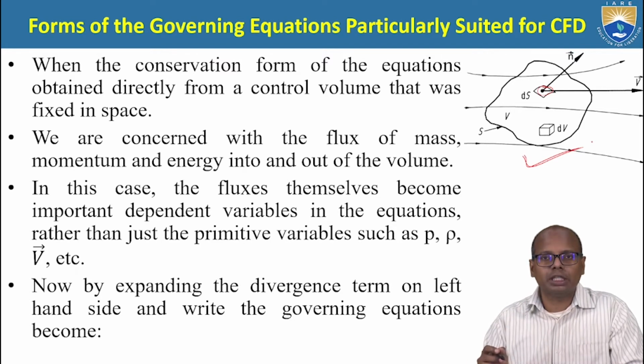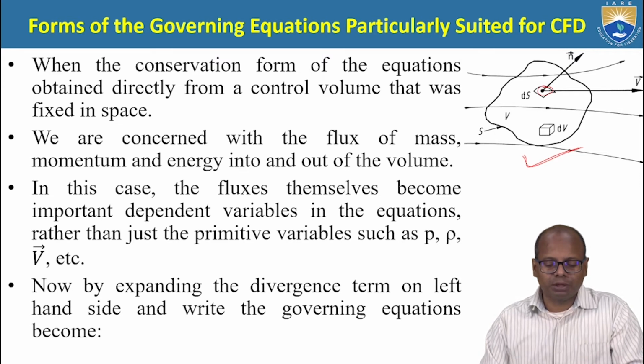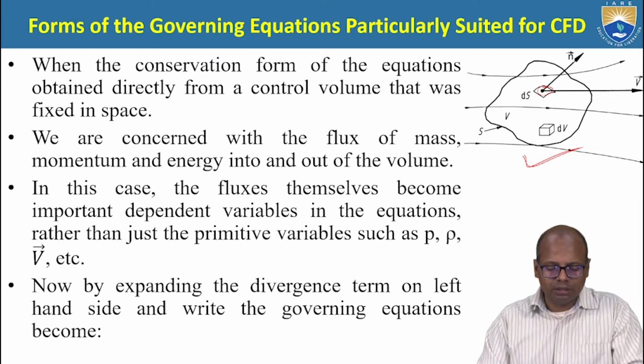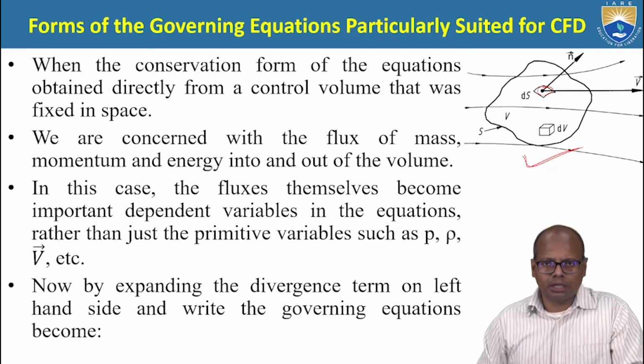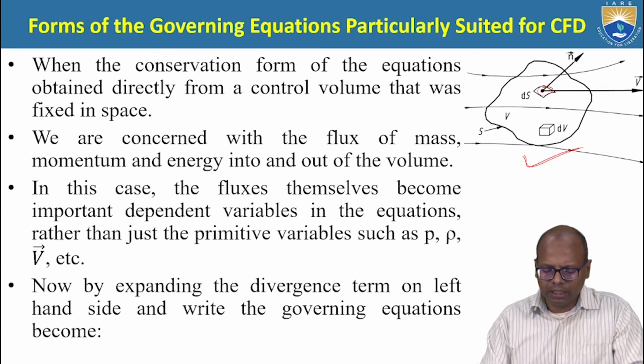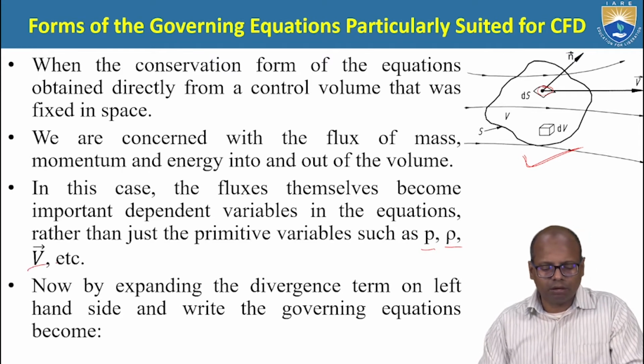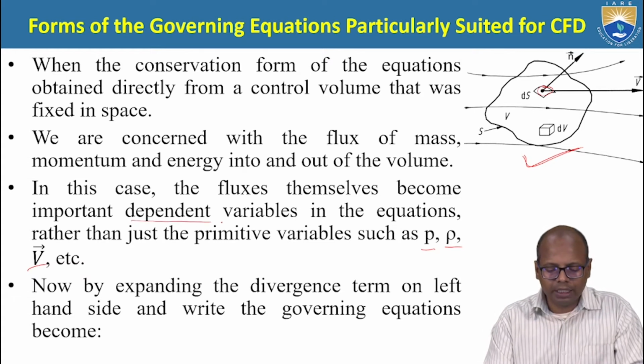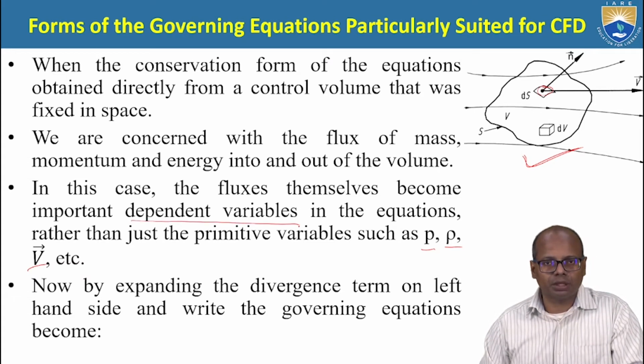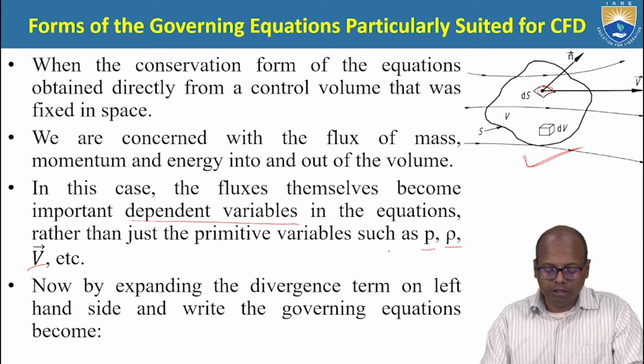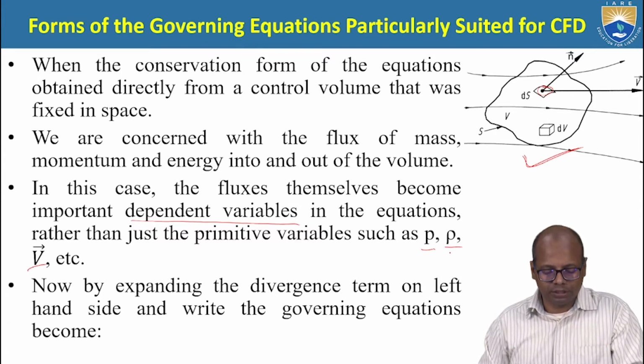In this approach only, we used the flux terms directly. So these flux terms are called the main dependent variables, and the pressure, density, velocity are called the primitive variables. The flux terms are the important dependent variables, and from these we will calculate the primitive variables.